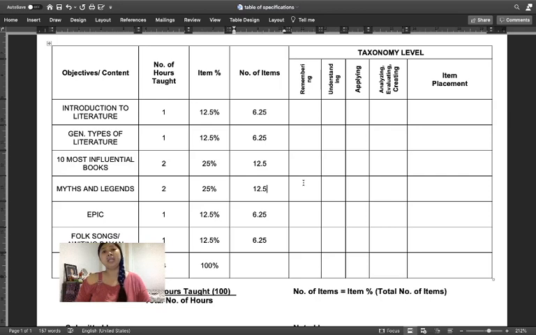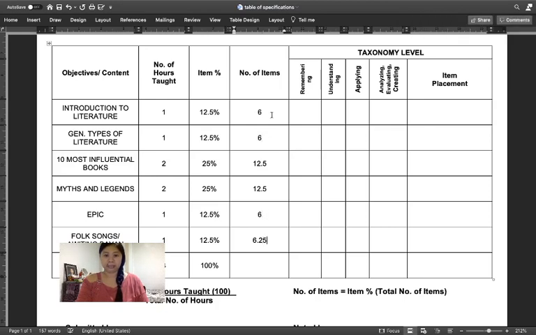Okay, so definitely you cannot give 6.25 items in your examination. Where is that 0.25? So what you can do is adjust from these figures. You can adjust the number of items, maybe one higher or one lower. So for this one, you will just round this off. So this is 6.